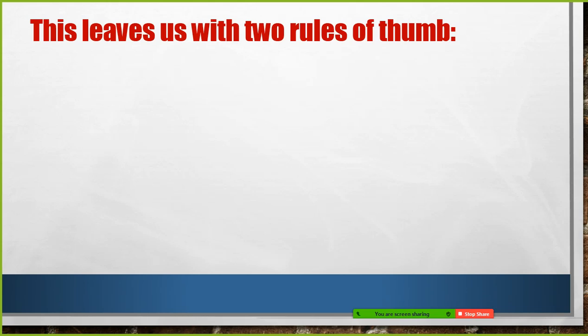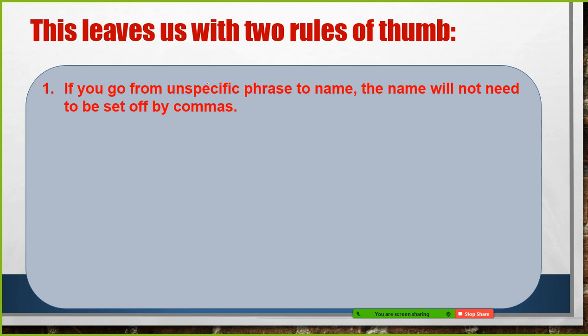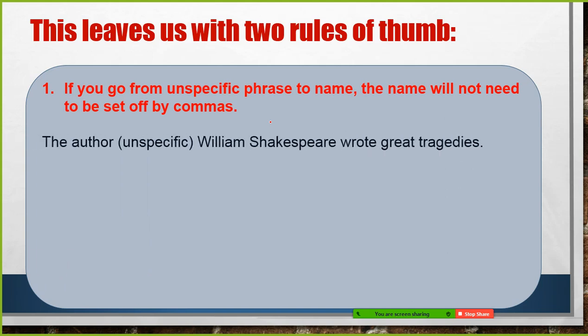So this leaves us with two rules of thumb. We have to know them. The first one: if you go from an unspecific phrase to a name, this means that I have started with an unspecific group of words, and the name will not need to be set off by commas, because it's important for me to know the name. This is like the first example. The author: this is unspecific. Who is the author?